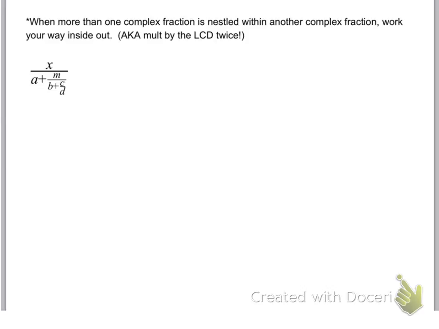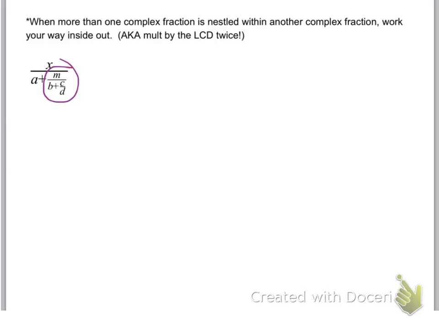So in this case, I'm going to multiply by the LCD twice, and that LCD will change from one step to the other. I am going to just work on that piece, the m over the b plus c over d. I'm going to work from the most inside complex fraction, simplify that, and then move out.